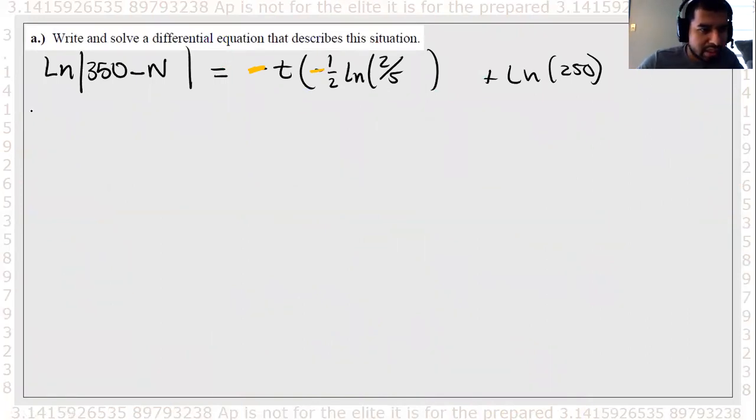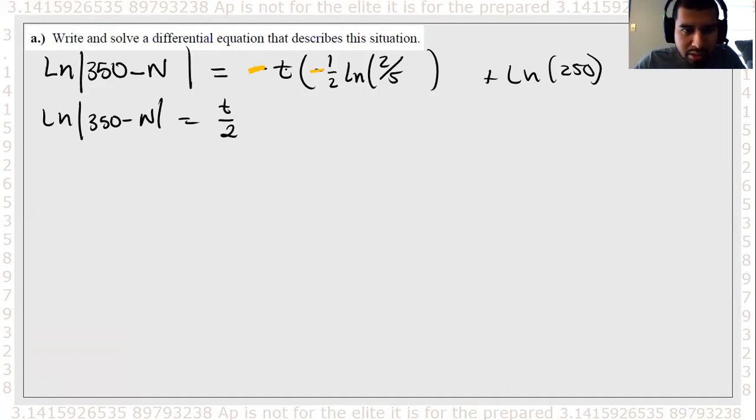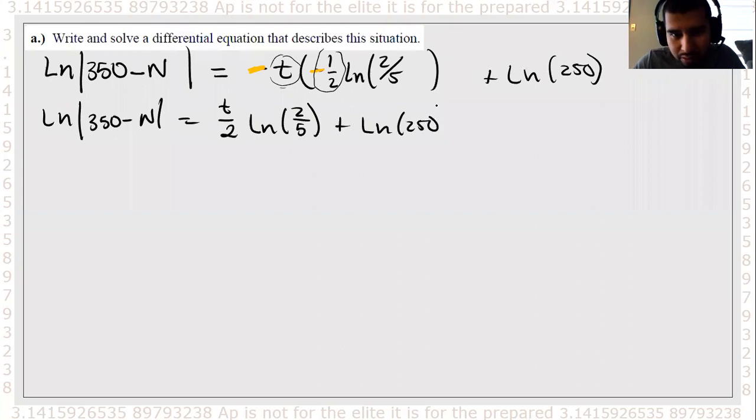This is the same thing as saying ln 350 minus n equals, negative times negative is positive, so it's t over 2, because I'm just combining this t and this one I have right here. So t over 2, ln of 2 over 5 plus ln of 250. This is your differential equation. This is your answer.